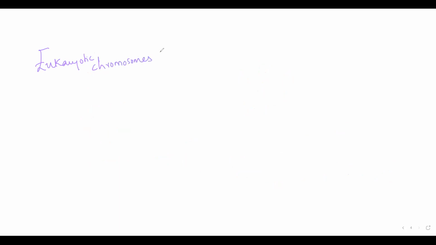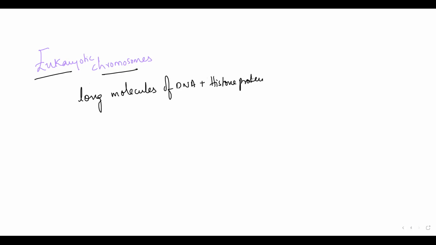When I'm talking about the eukaryotic chromosomes, children, I'm telling you that these are going to be very long molecules of DNA with the histone proteins. Okay, these are long molecules of DNA, complexed with the histone proteins.